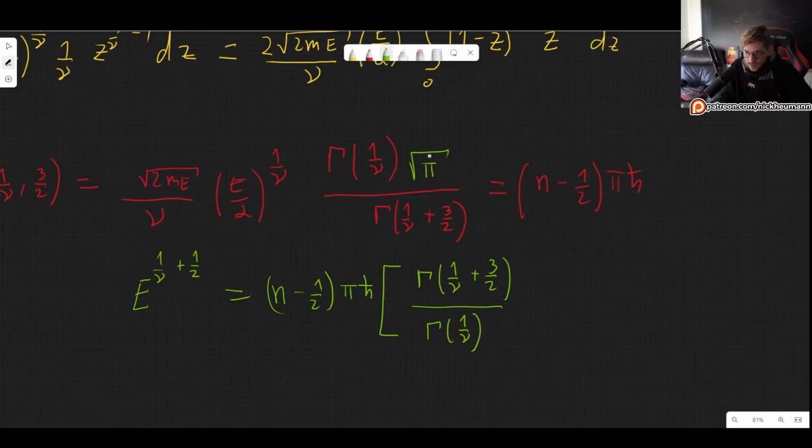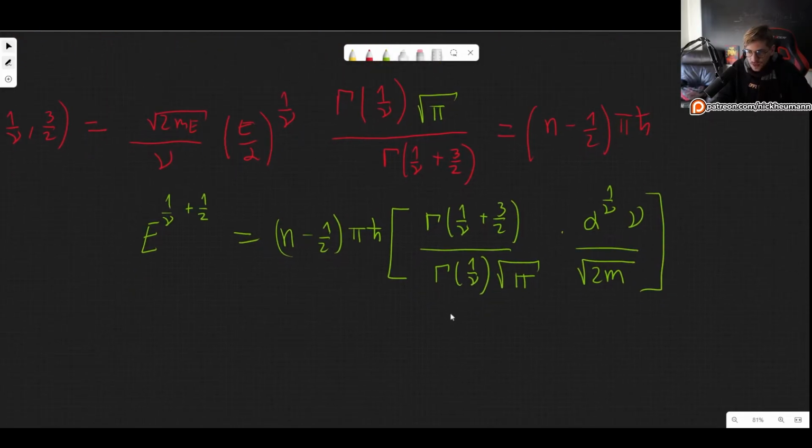And then we have this square root of pi down here. Then we need to multiply by alpha to the 1 over nu. And what else do we have? Then we have to multiply by nu as well. So nu is somewhere over there. And we still need to divide by the square root of 2m. I believe that is everything.